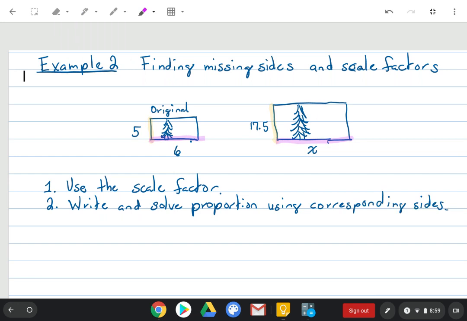So I'm going to write a proportion, and I'm going to put my yellow side over my purple side.